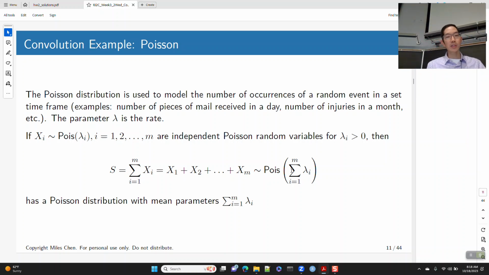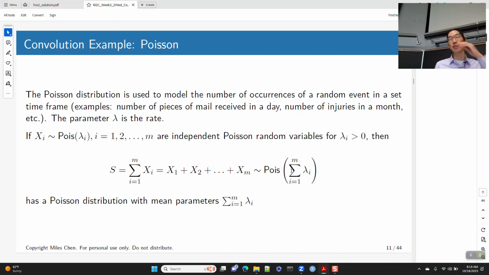Okay, let's look at another example, and that is the Poisson distribution. Do we remember, is it discrete or continuous? Poisson is discrete. It returns a count, and it's used to model how many times a random event occurs in some span of time.